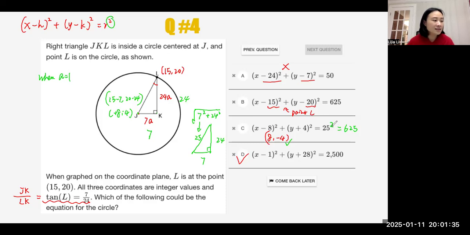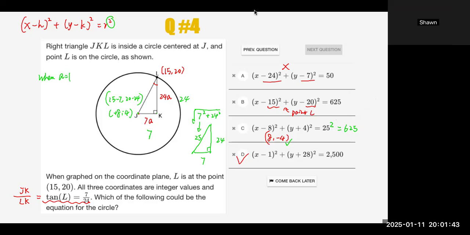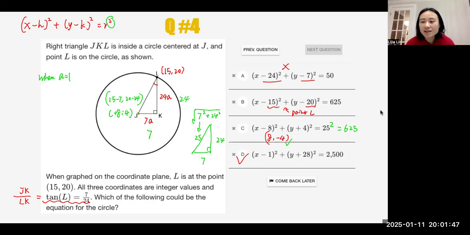Now let's test D. Sean, can I ask you to explain how you get D right? I just guessed. Also guess? Okay, let's do this together. For D, this time we choose when A is 2. And then this time you can have this length is 14.